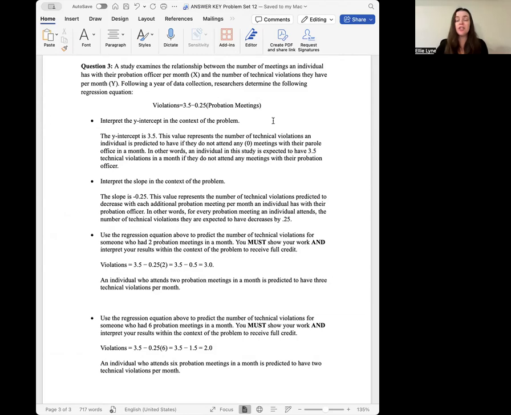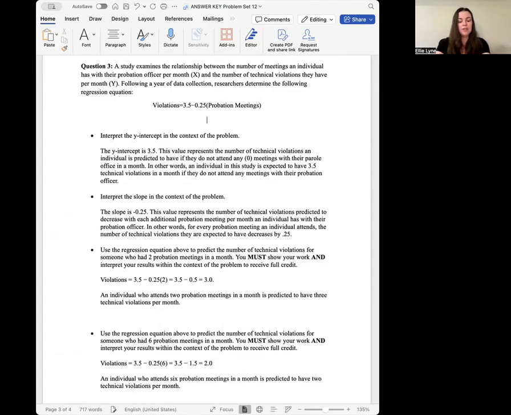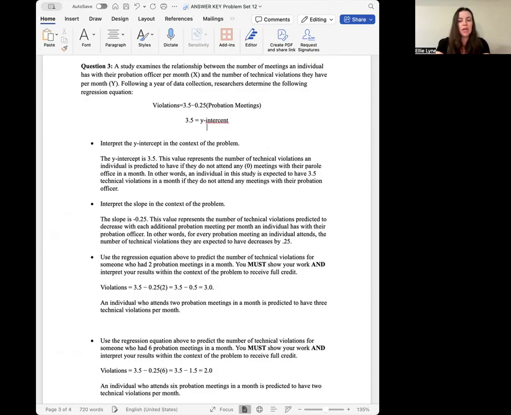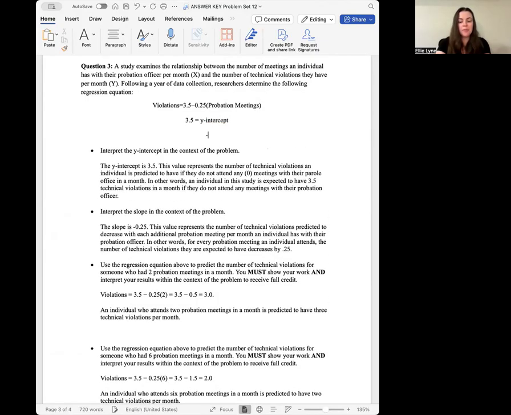So the first thing we need to do is actually identify what that y-intercept is. So if it's helpful for you again to chart that out, what I can do here is say again, our 3.5 is our y-intercept here. So 3.5 equals our y-intercept, and our slope equals -0.25. And so that's our overall regression equation here.